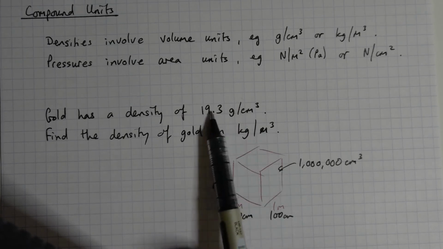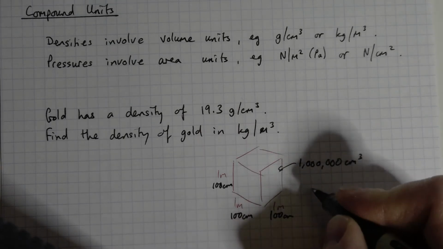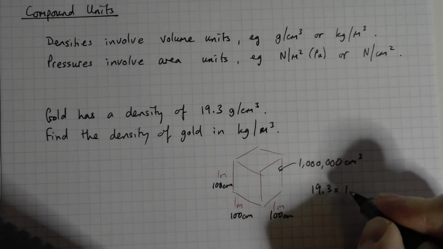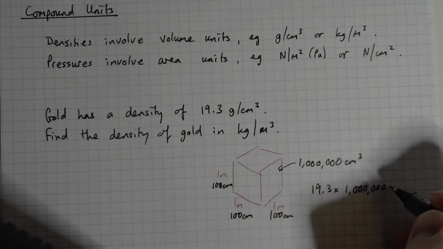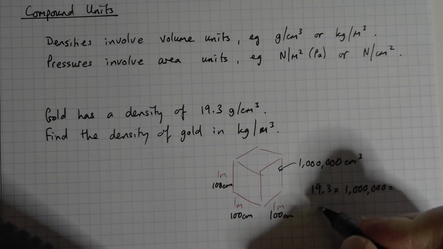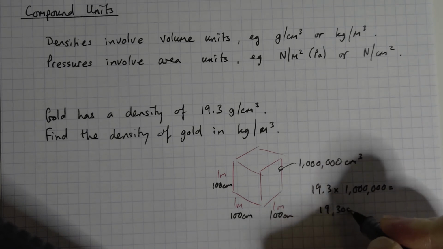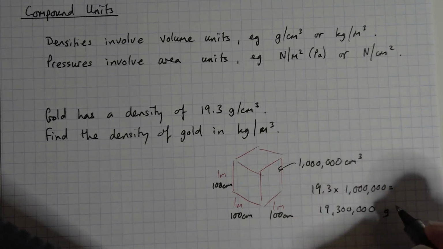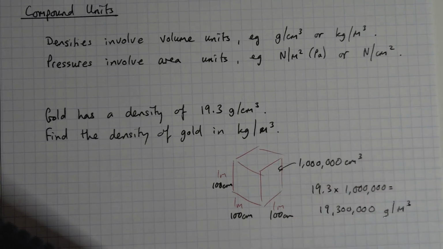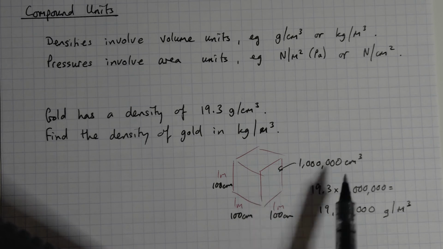So if I do 19.3 times by 1 million, I get 19.3 million, don't I? So 19,300,000. And the units there are grams per cubic metre, because all I've done is convert between the cubic centimetres and the cubic metres by multiplying by 1 million.